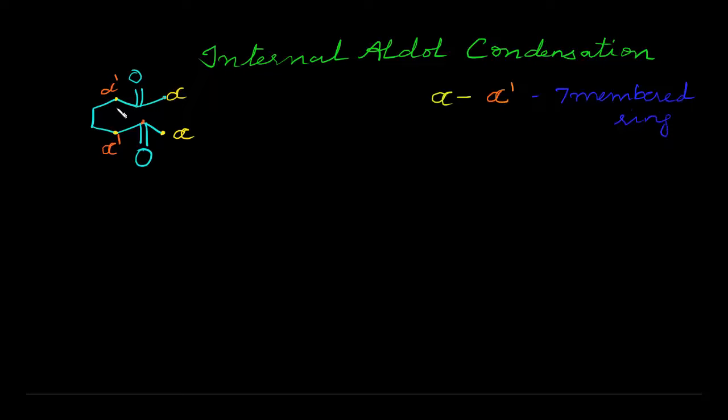If carbanion addition takes place between alpha prime carbons, then it starts from here: 1, 2, 3, 4, 5. That is, it starts from alpha prime over here and leads to a 5 membered ring. From alpha prime to alpha, it leads to the formation of a 5 membered ring.